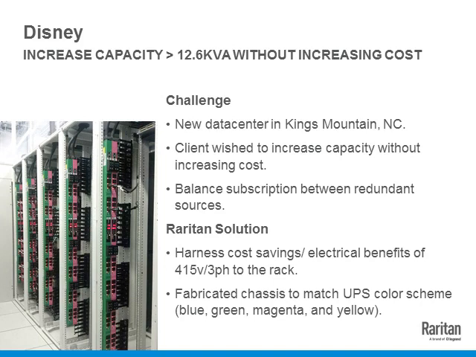And we went to 415 volt 3-phase route to make sure they can realize all the savings that these 415 volt designs inherently bring in. We also worked with them to provide rack power strips in multiple colors that match the power scheme all the way from the switchgear through the UPS and the PDUs.